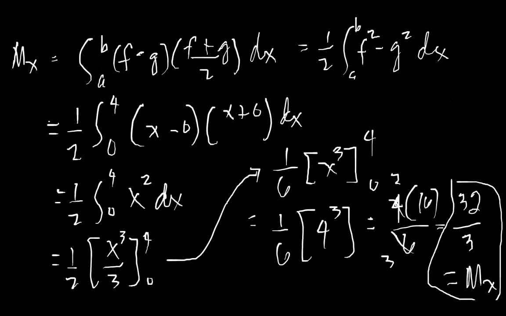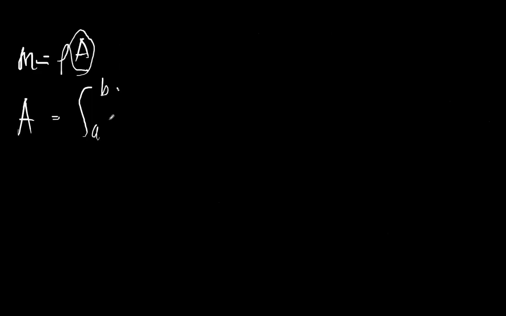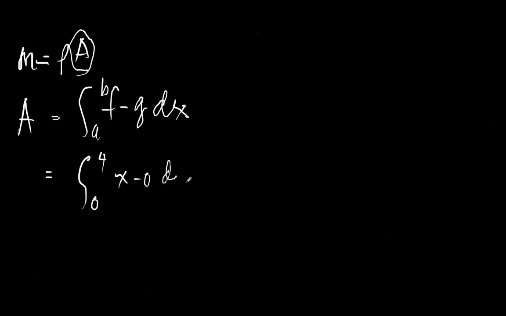Okay, so the area of the given region, this is our region. To find the area, f minus g dx. So we have from 0 to 4, x minus 0 dx. This is y equals 2x.